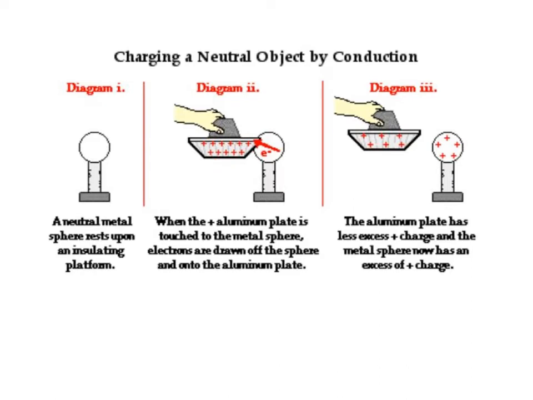So the electrons jump from this ball and into this other object, and this causes this object to become less positively charged. Notice there are 6 positive symbols compared to 12, 15 positive symbols. And this object now becomes positive as well. So we're left with 2 positive objects here.